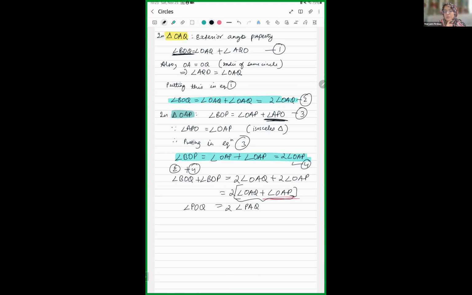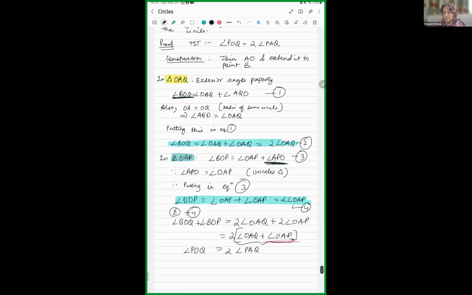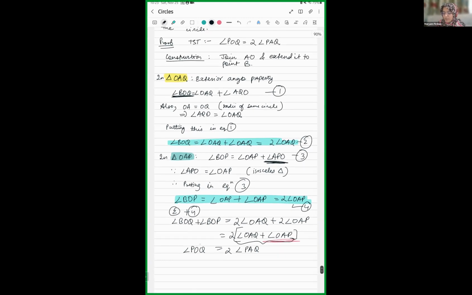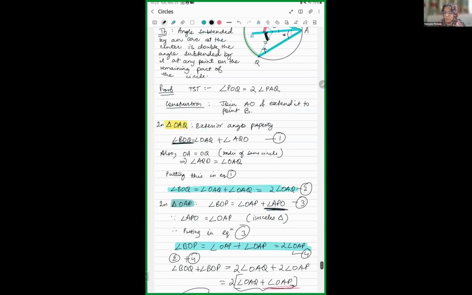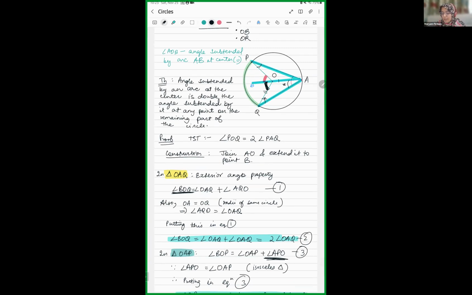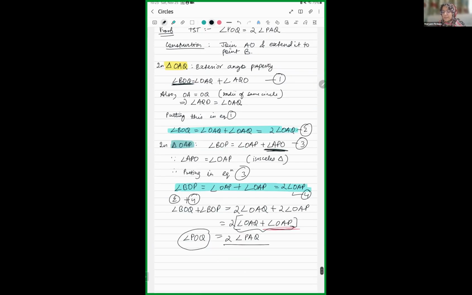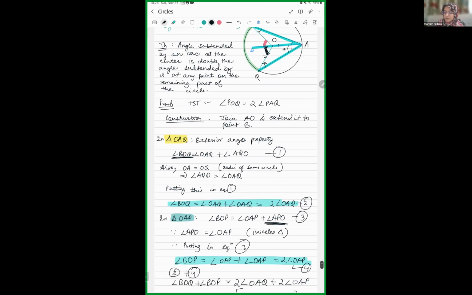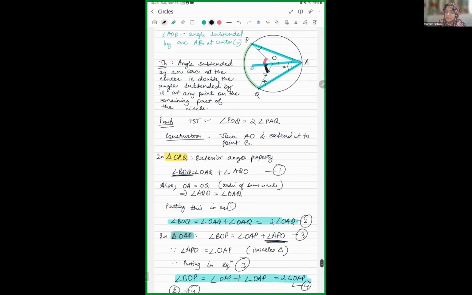So by this proof, what have we shown? We have shown that angle POQ, the angle subtended by the arc at the center, is equal to twice of angle PAQ, which is the angle subtended by the same arc at some other point on the circle.